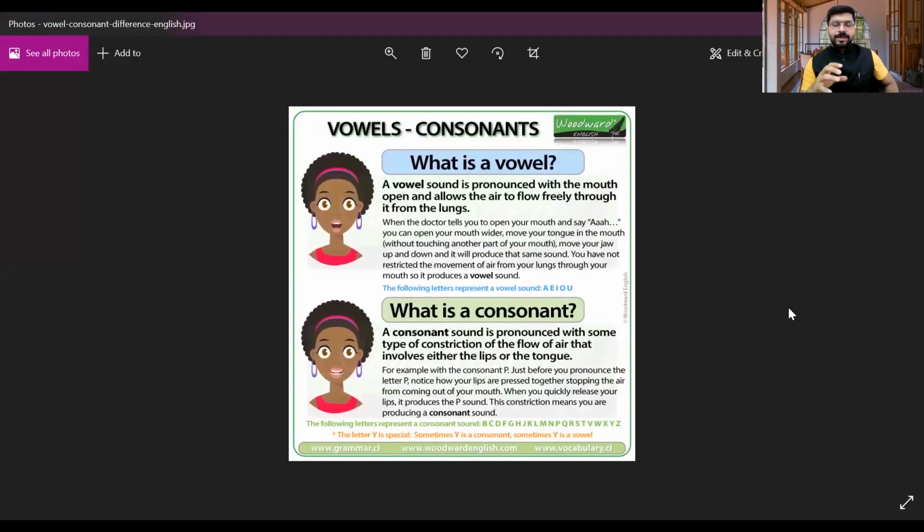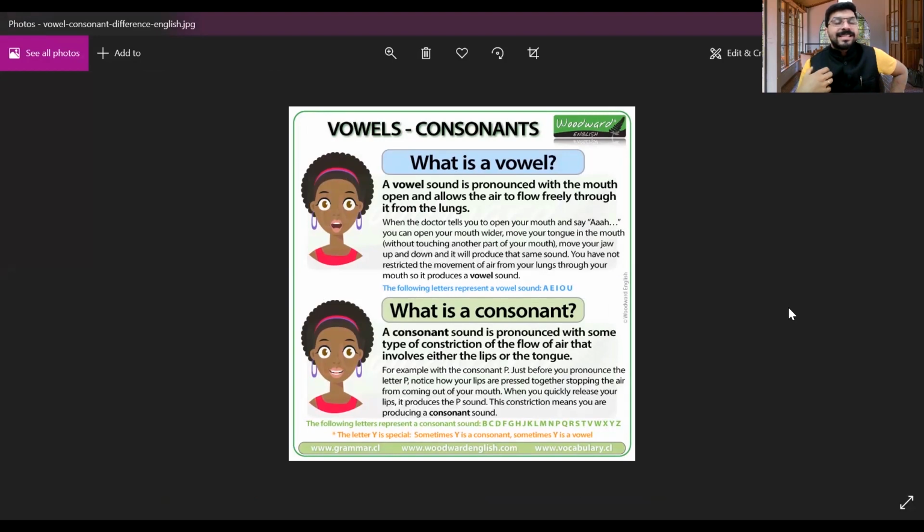Before we get into the vowels, I want you to recall what we have already learned. What is a vowel? A vowel sound is pronounced with the mouth open and allows the air to flow freely through it from the lungs.